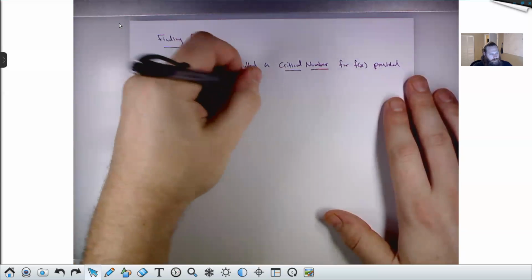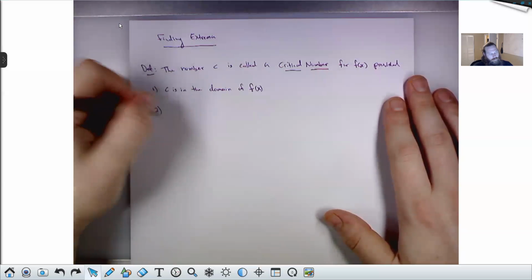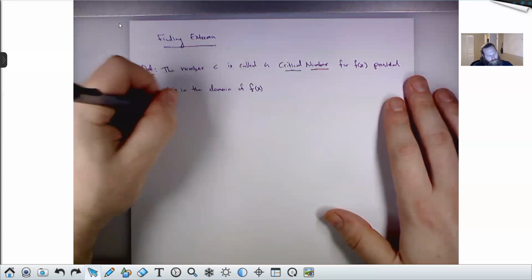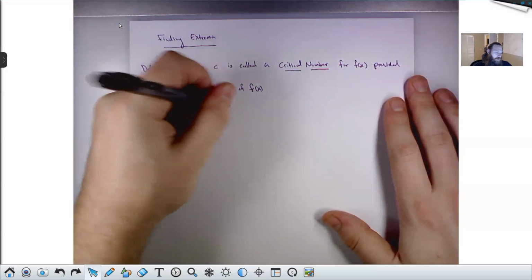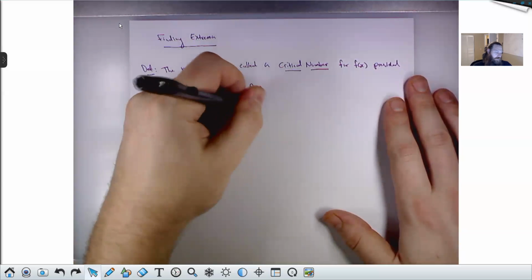All right, got to be in the domain of the original function. Two, that f prime of c is equal to 0, or f prime of c is undefined.